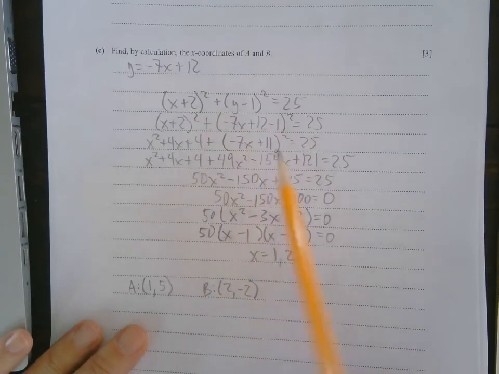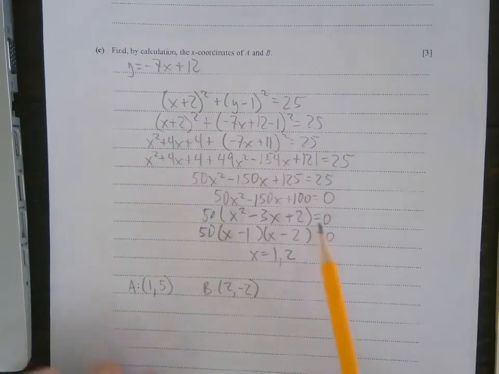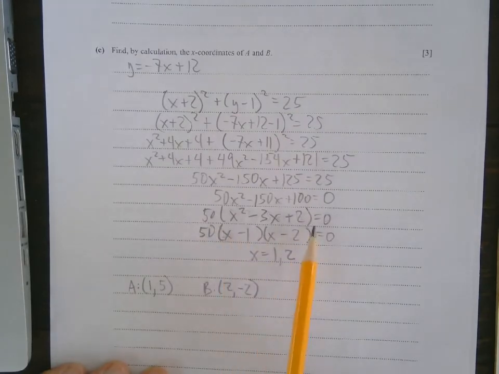All right, and it took a fair bit of algebra to get to that point. But fortunately, once you get to here, you can factor out a 50. It's not a terribly complex quadratic at that point. You get that x equals 1 and 2. And then you can get the y values by plugging those back into the equation for the line.